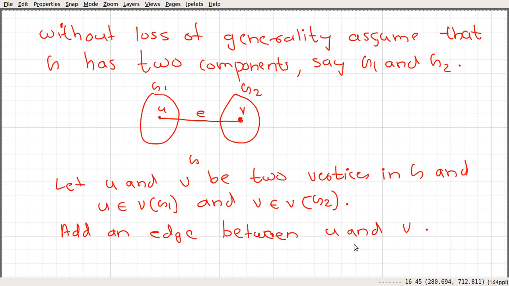So add an edge E between u and v, and let that edge be, say, uv.